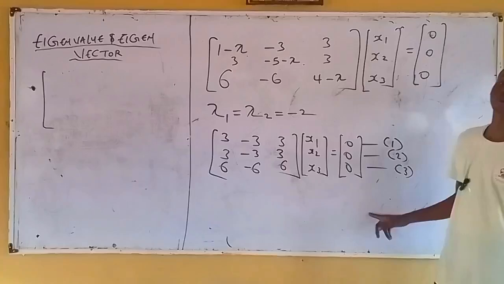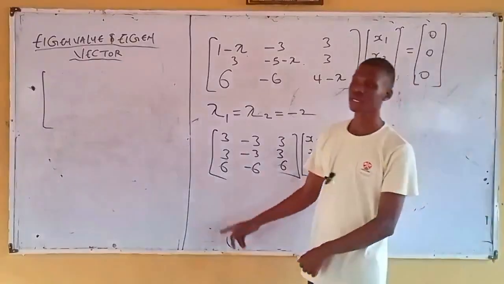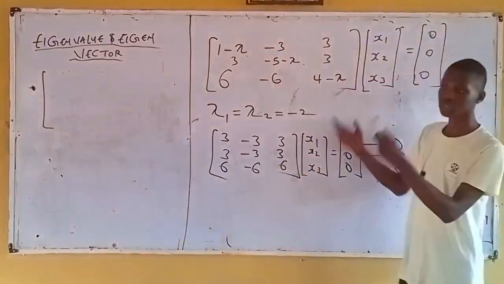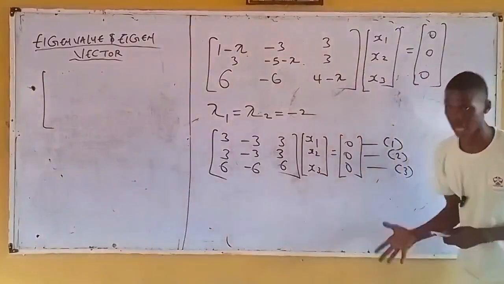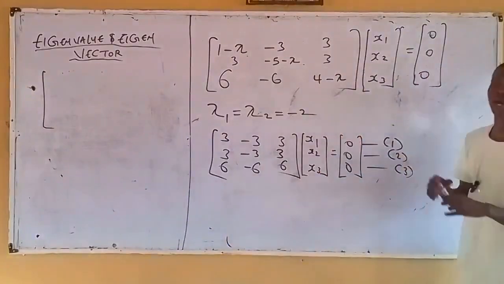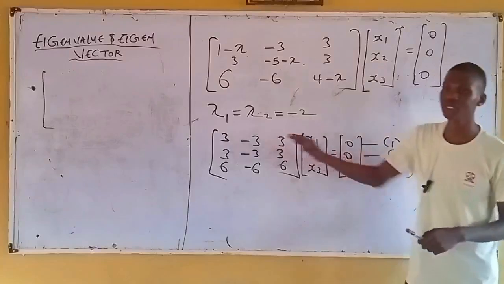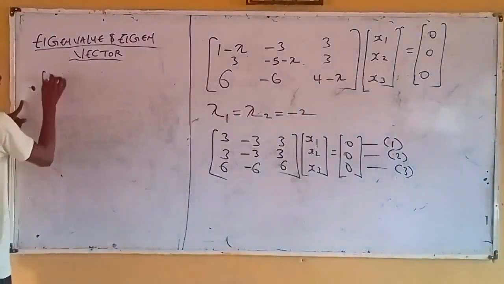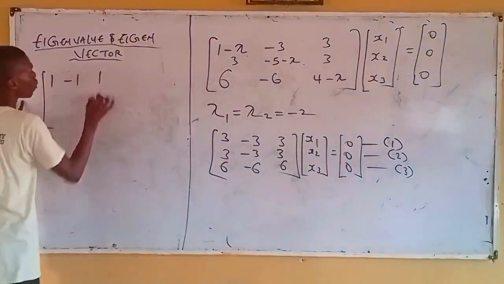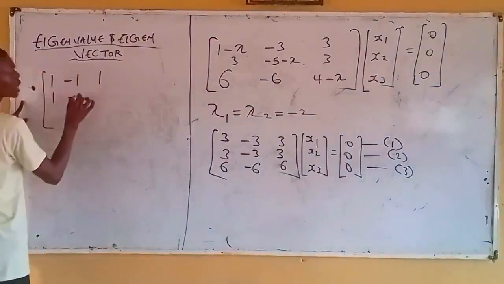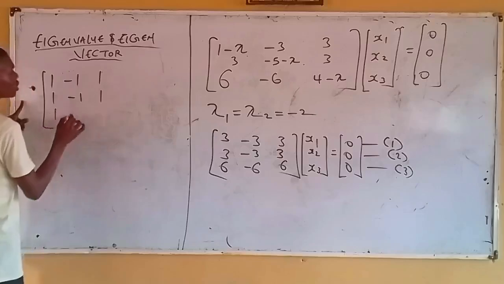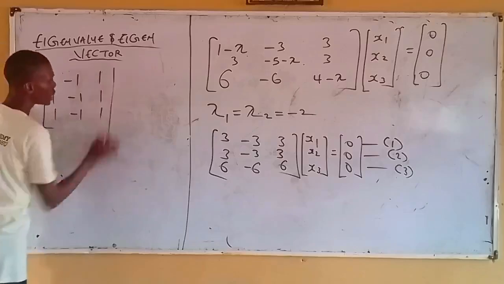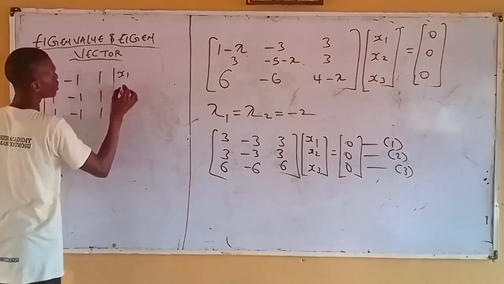Equation 3, 6 is common, you can divide all through by 6. It doesn't mean that we can't continue like this, but to make our work easier, let's have lesser numbers. So let's divide by 3, 3, and 6. Doing that, I have 1, -1, 1; 1, -1, 1; 1, -1, 1. Then this is x1.